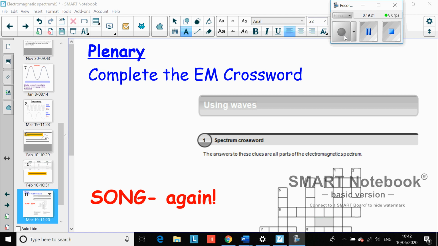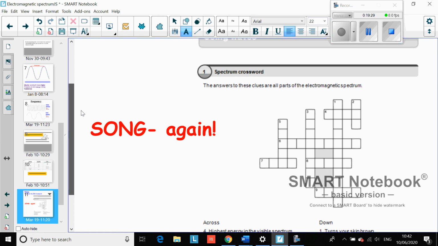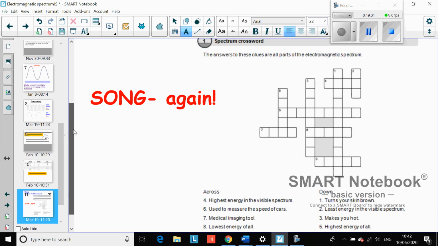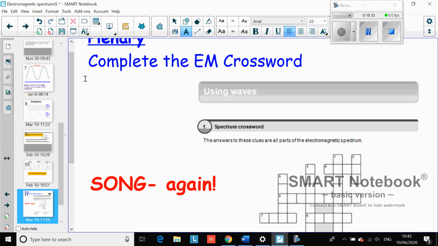The last thing I would like you to do today is have a go at, firstly, this crossword, which again is uploaded onto assignments, and also there is a card sort. What you would need to do is print them off and cut them out and stick them down.